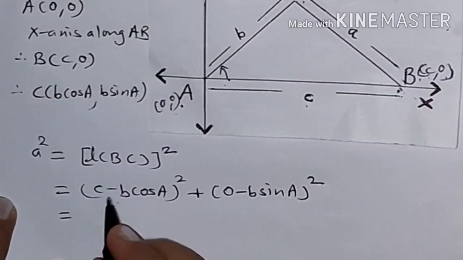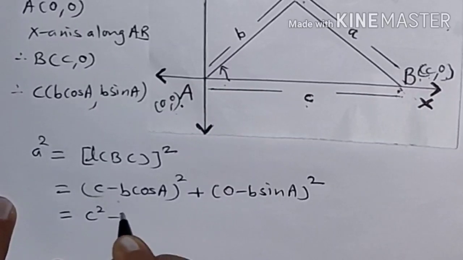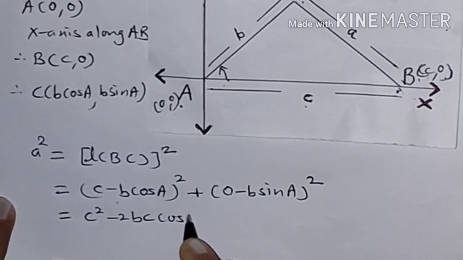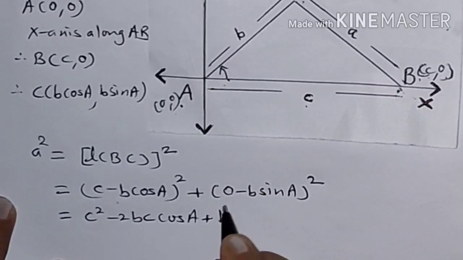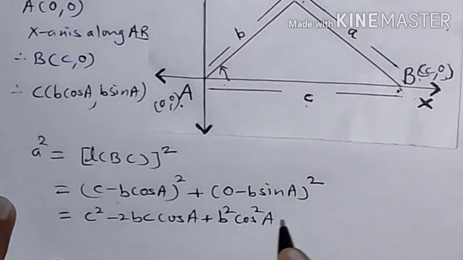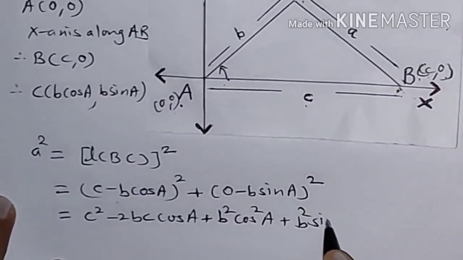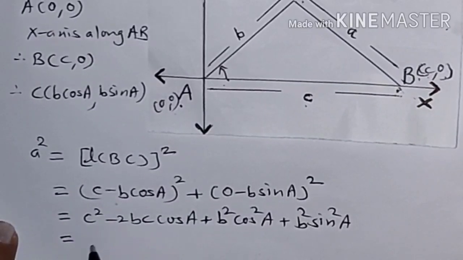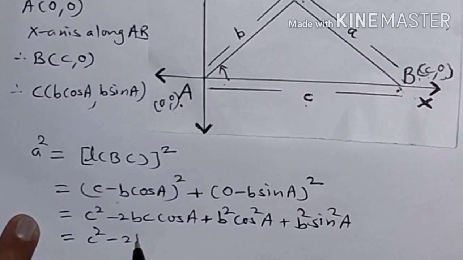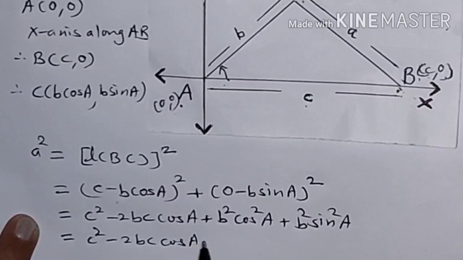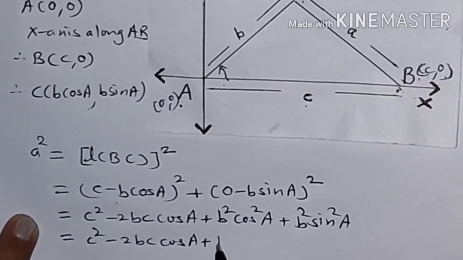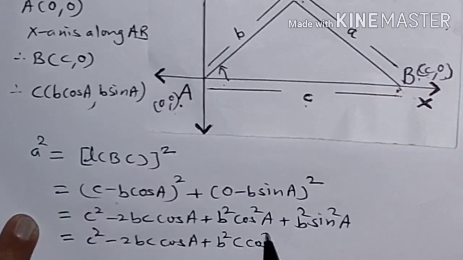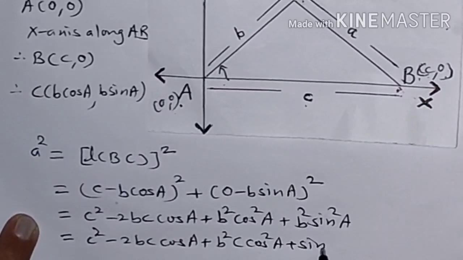Simplifying this further, we get c square minus 2bc cos A plus b square cos square A plus b square sin square A. That is equal to c square minus 2bc cos A plus, taking b square common, b square times (cos square A plus sin square A), which is a trigonometric identity. Its value is 1.